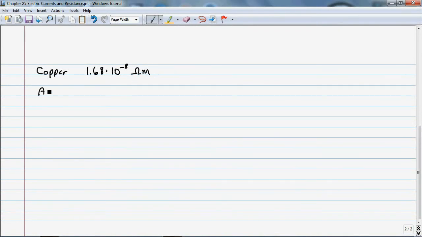And aluminum, which is 2.65 times 10 to the minus 8th ohm meters.